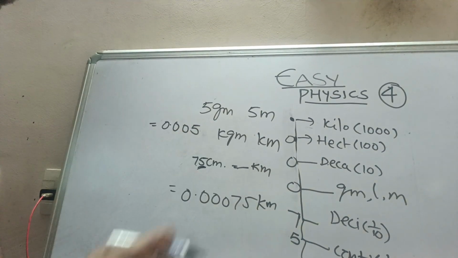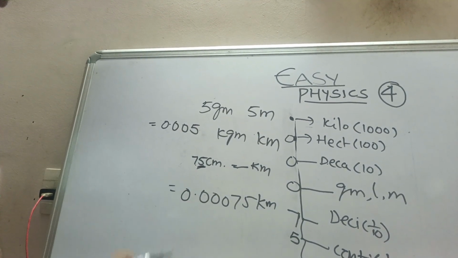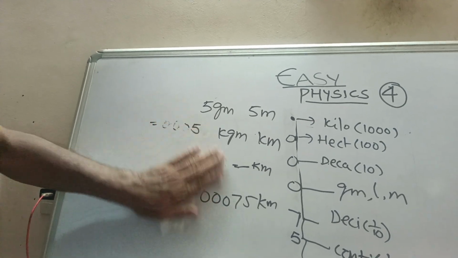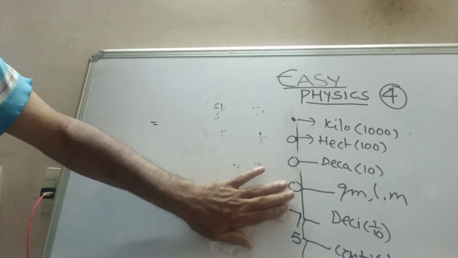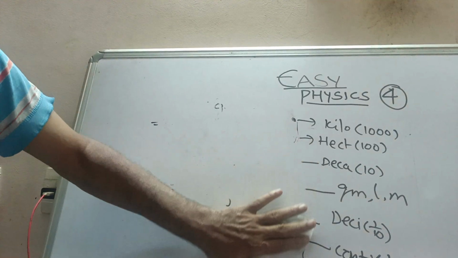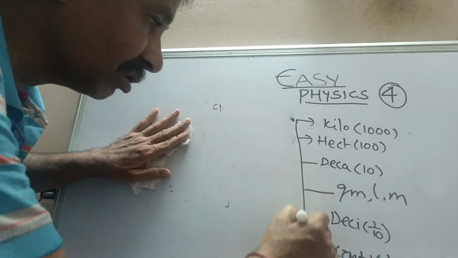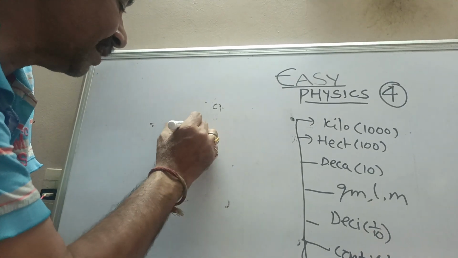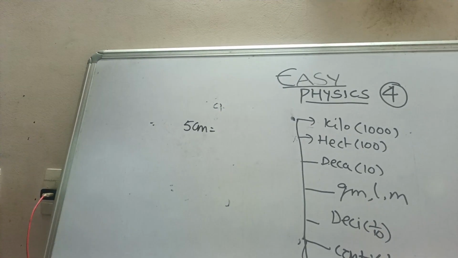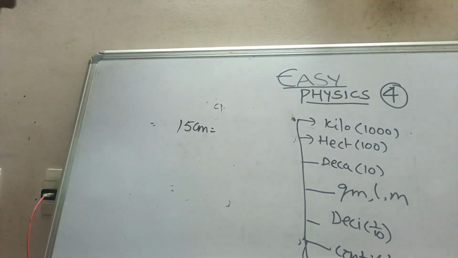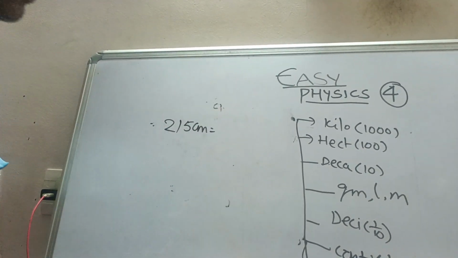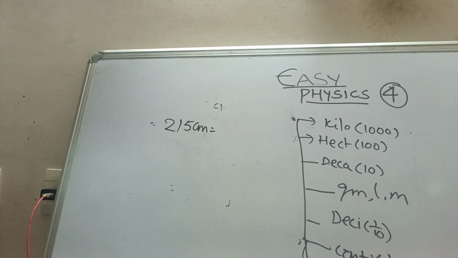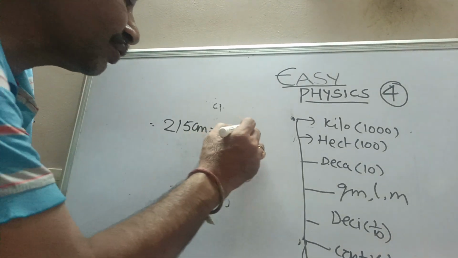I would like to make another example more clearly. So let us see that. For example, you would like to convert 215 centimeters into meters, because you have to understand more clearly.